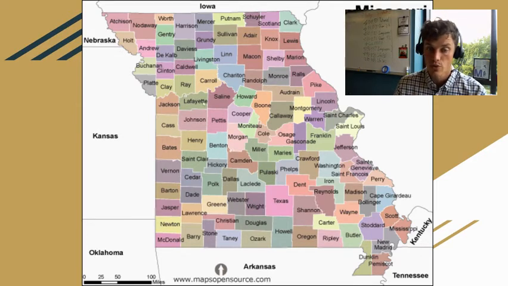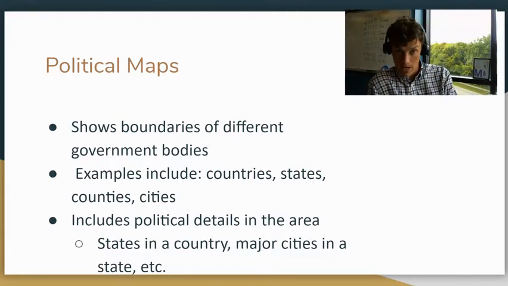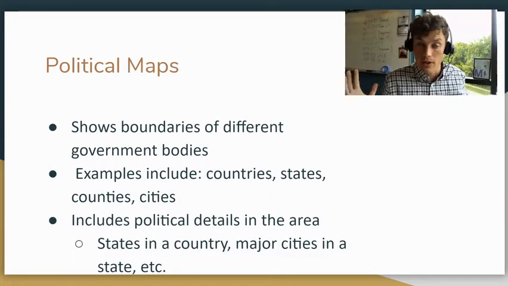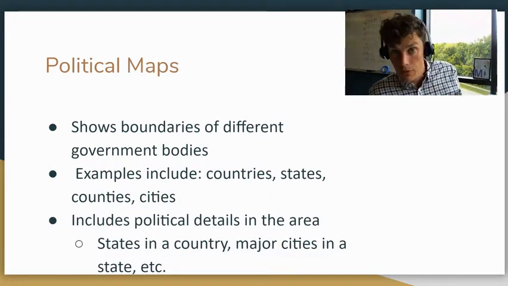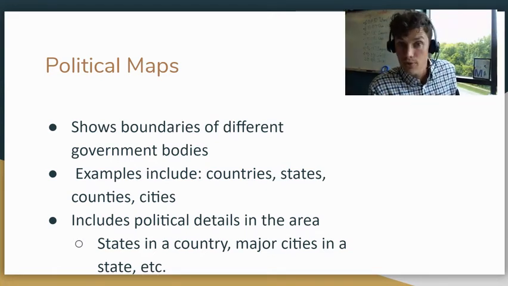Notice how this is showing different counties. There's Platte County, that's where we are. So political maps show boundaries of different government bodies, okay? So think about that. Each country on that world political map had a different government. Each state in the United States political map has a different government than the other states.